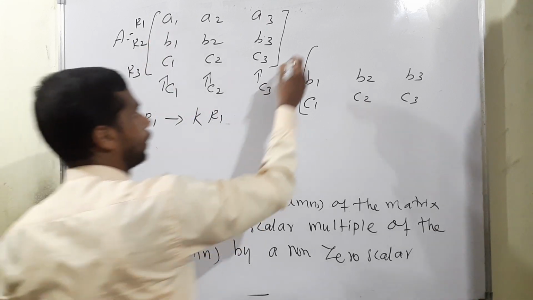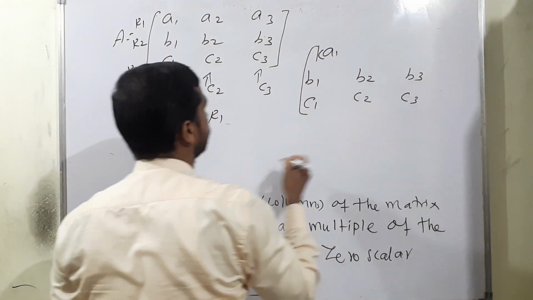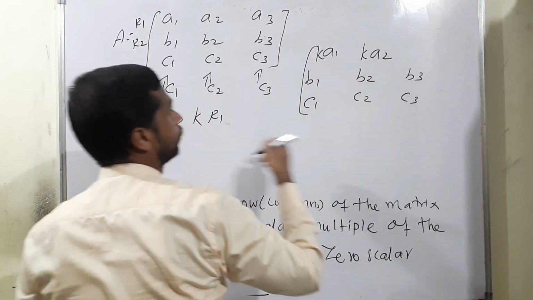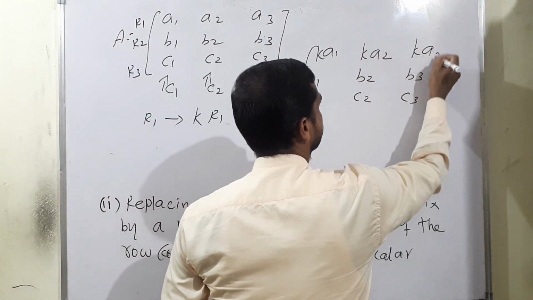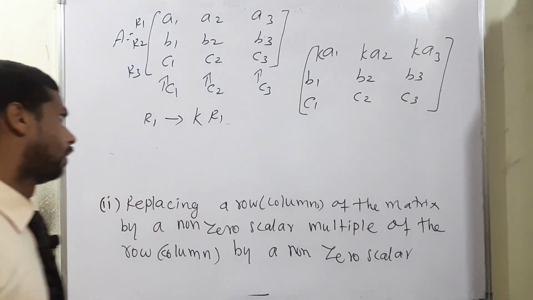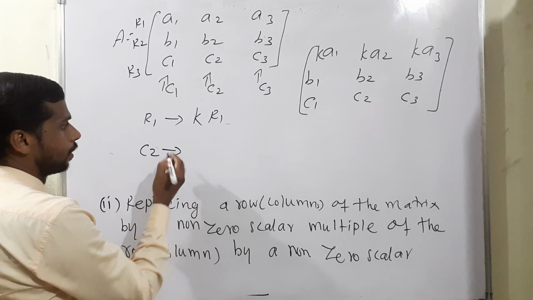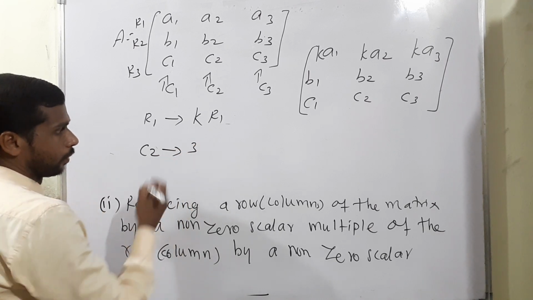In R1 each and every entry is multiplied by the scalar k: therefore k into A1, k into A2, then k into A3. This is row wise. For columns, apply a number to C2, say 3 into C2.